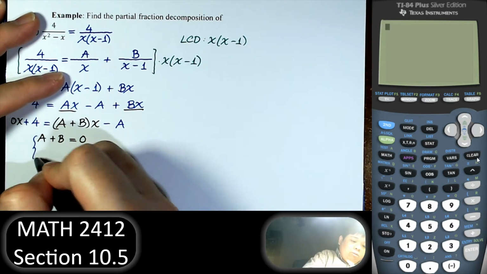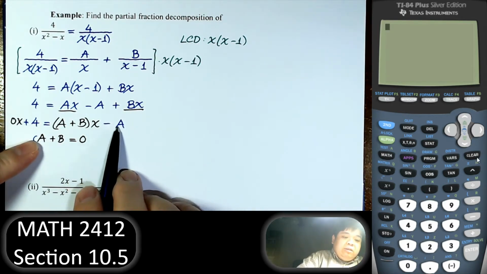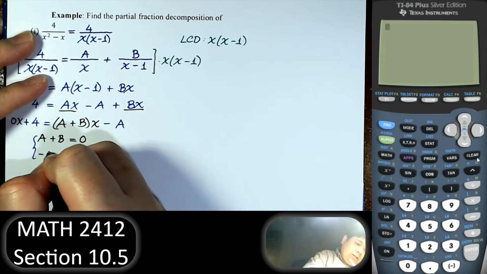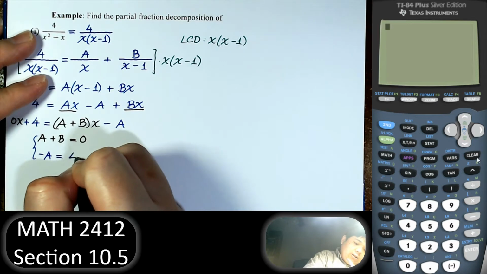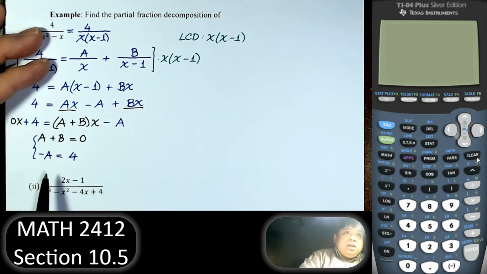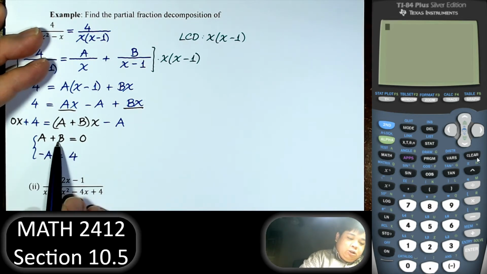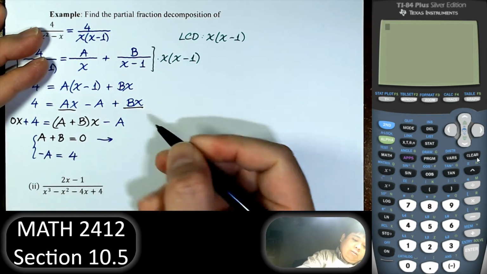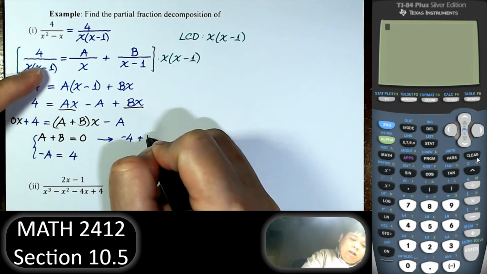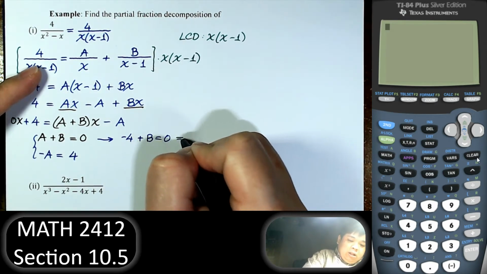And the other equation, the constant, negative a has to be equal to 4. So same degree, same coefficient. Now this is easy. We have a is negative 4, so substitute in there. We have negative 4 plus b is equal to 0, so b is equal to 4.